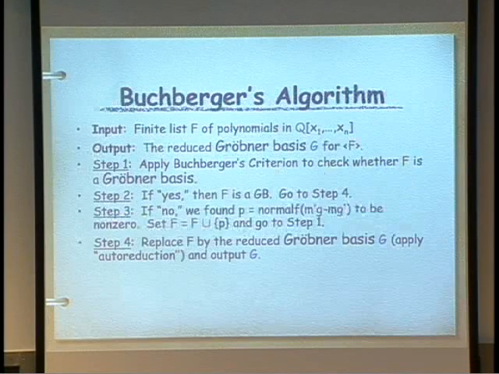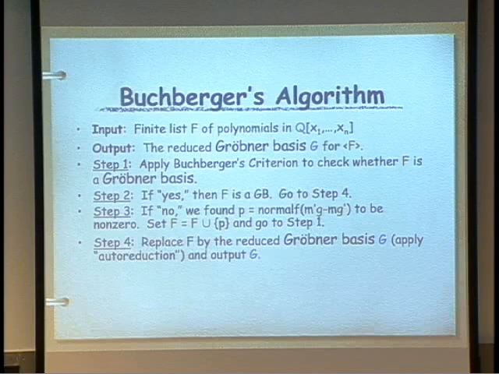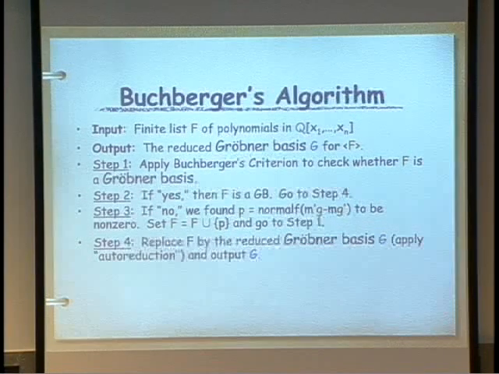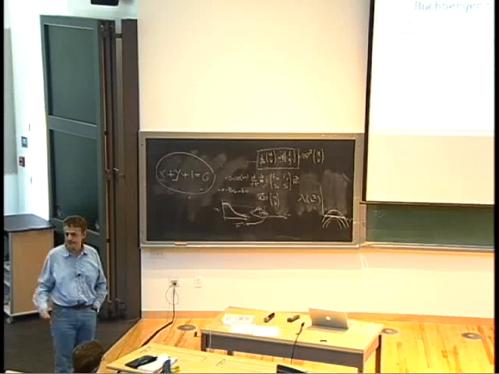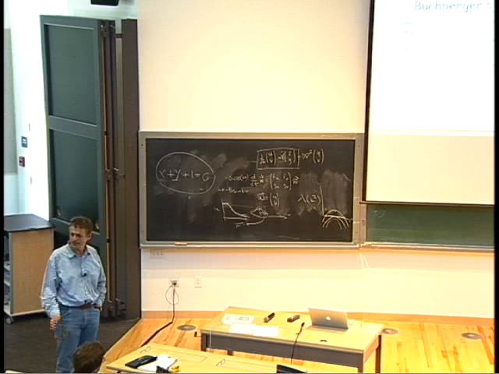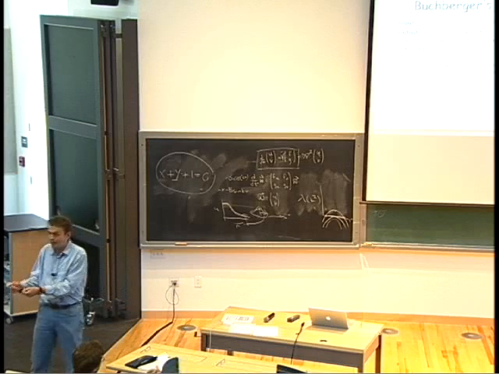Here's the algorithm. Given a finite list of polynomials, I'd like to calculate the reduced Gröbner basis for the ideal they generate. Step 1. Are they already a Gröbner basis? Well, that would be nice, but I know how to test it, right? If that's yes, I'm done. I'm going home. And that's polynomial time, right? That's 45 tests.